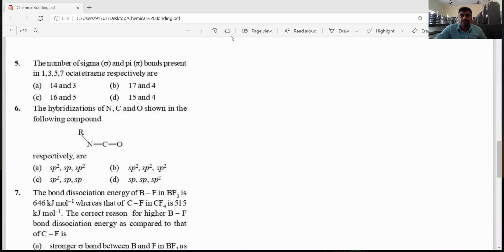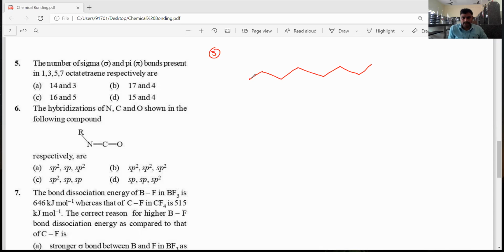Fifth question, dear students: we have to identify the number of sigma and pi bonds present in 1,3,5,7-octatetraene. Octa means 8 carbon atoms are present. Just I am drawing the bond line structure. It's very easy: 1, 2, 3, 4, 5, 6, 7, 8.